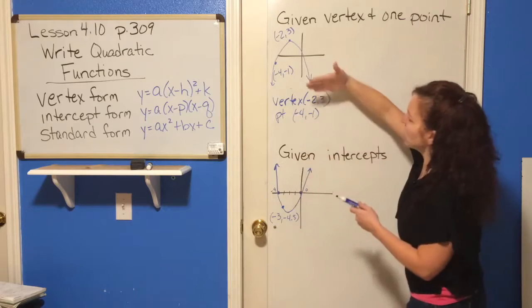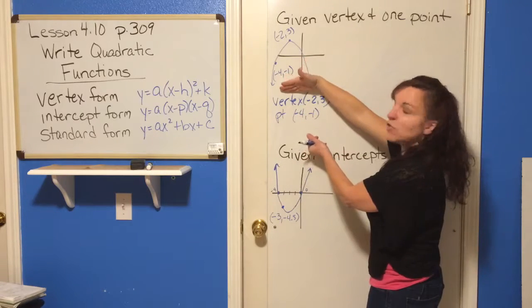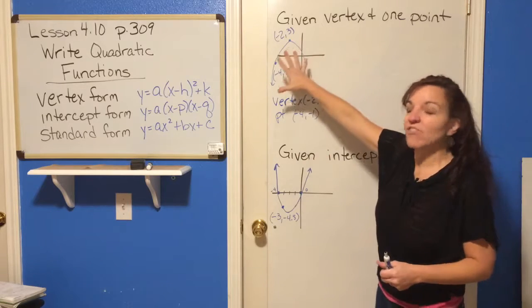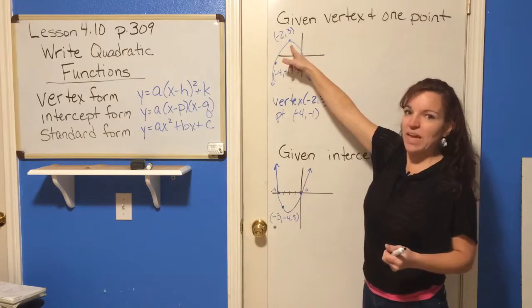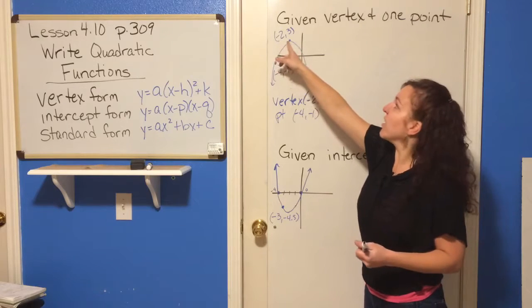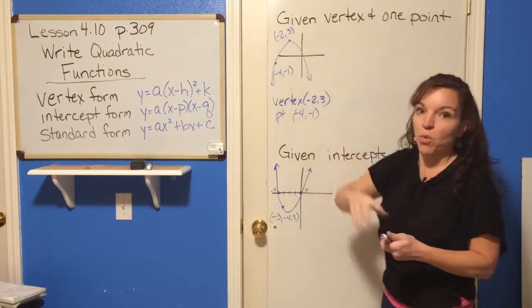So it might just look like this, with just that information. It might have the graph, and you'll have to pull that from the graph, and you can easily see, oh, (-2, 3), it's marked on your graph. That's the vertex, and this is just a point on it.